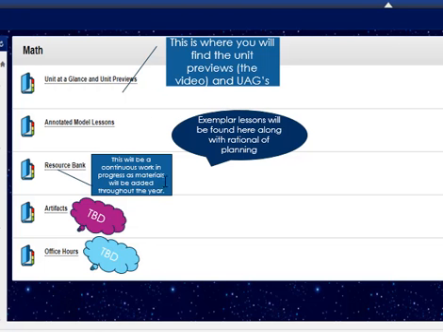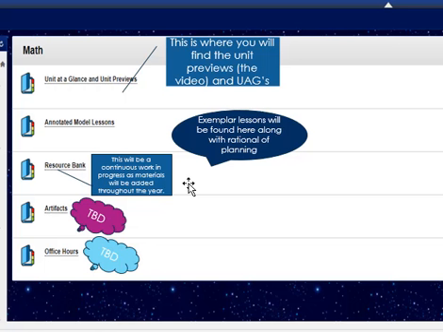Resource bank. This will be a continuous work in progress as materials will be added throughout the year. So you could go here if you're looking for some worksheets, some examples, some ideas, maybe even some website links, probably some reading material to help you along with your planning or just background knowledge if you need it.